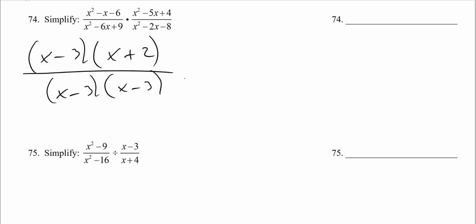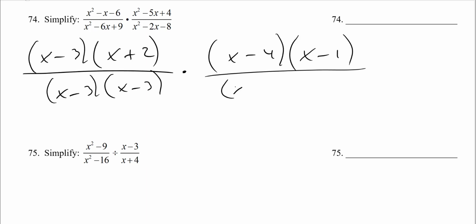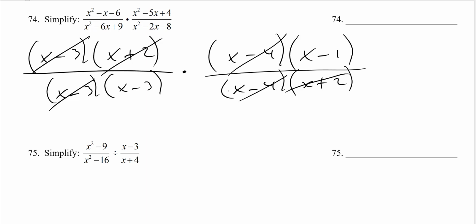And then that one factors to x minus 4, x minus 1, over x minus 4 and x plus 2. You guys should be really good with factoring. So the x minus 3s cancel, x plus 2s cancel, x minus 4s cancel. So your answer is x minus 1 over x minus 3.